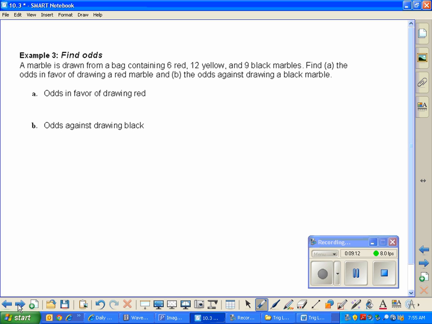So in part A, I'm supposed to find the odds in favor of drawing a red. And I always set up a verbal formula for myself. What this means, if I want to find the odds in favor of drawing a red marble, I'm going to find the number of red marbles over the number of marbles that are not red.